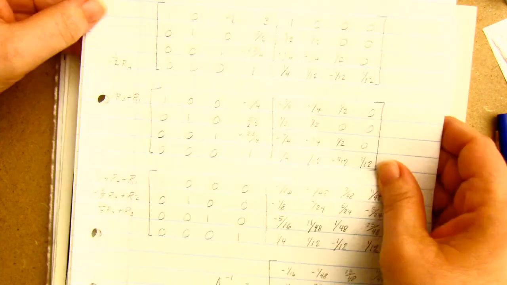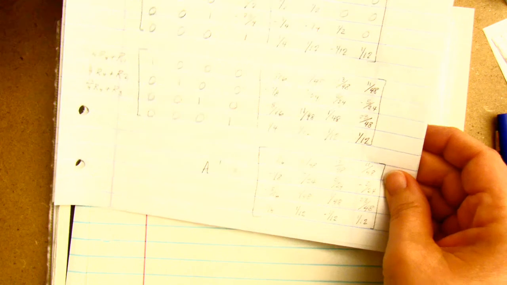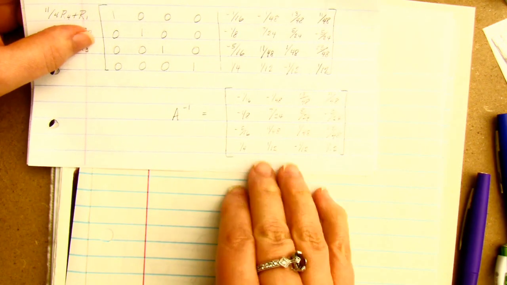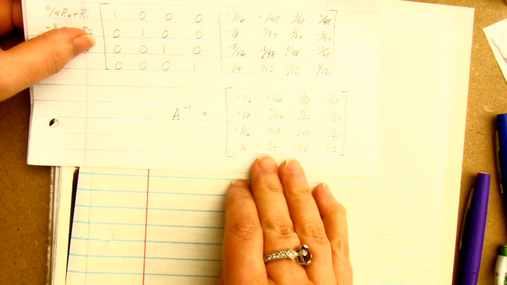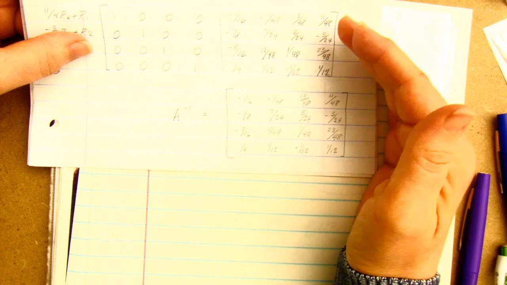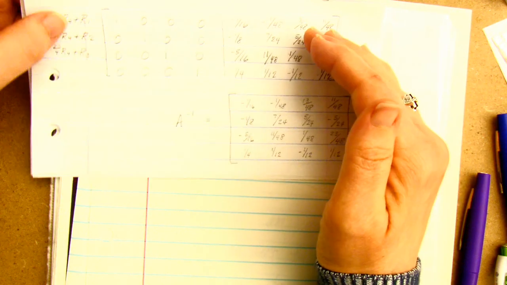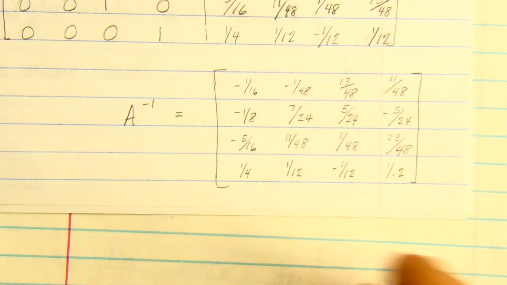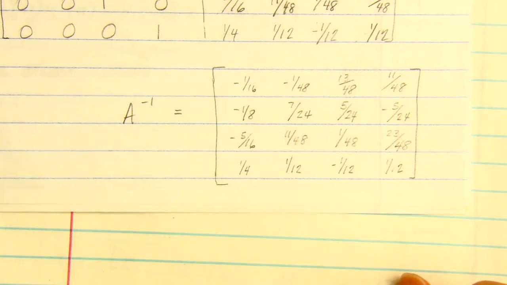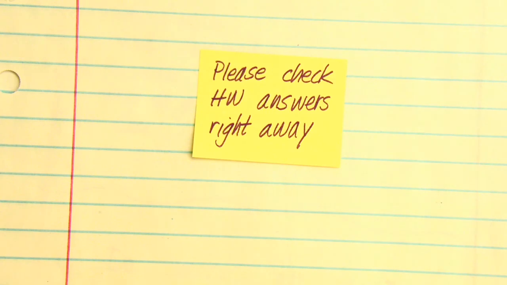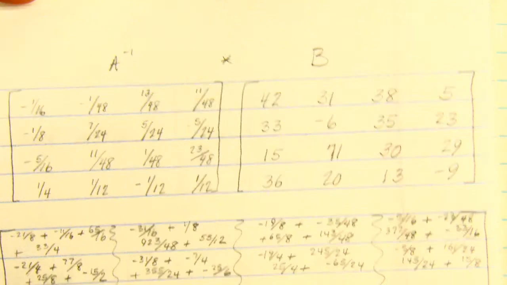So we go through this process until we finally have the inverse of the coding matrix. Now, yes, you will get some ugly fractions sometimes with some of these. Maybe I can zoom in and see it better. Okay, so you will get some weird looking fractions. And then you'll have to take it a step further and do inverse A times B.